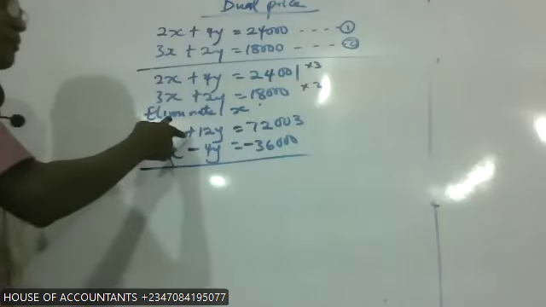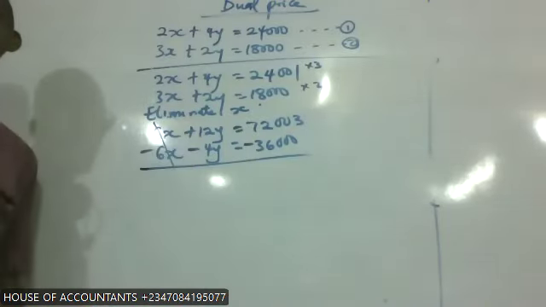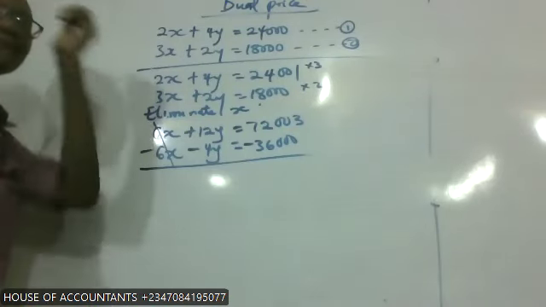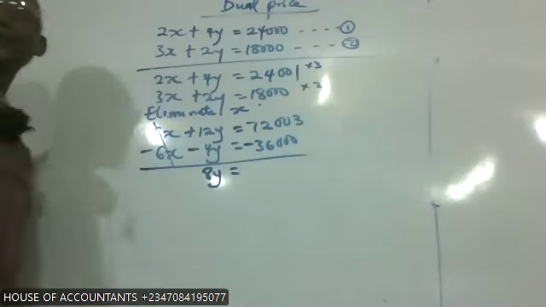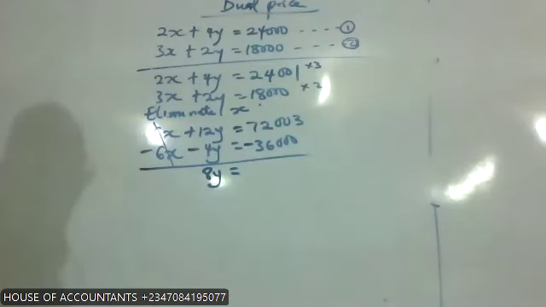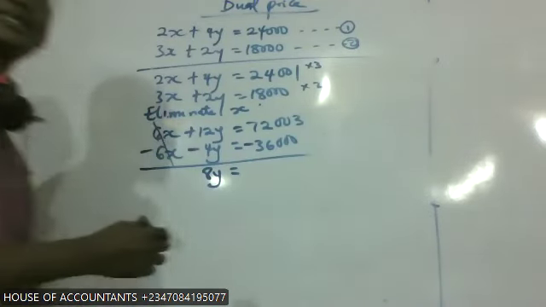So we have positive 12y plus 8y. What do we get? Plus 8y. 72 minus 36, that is 36.